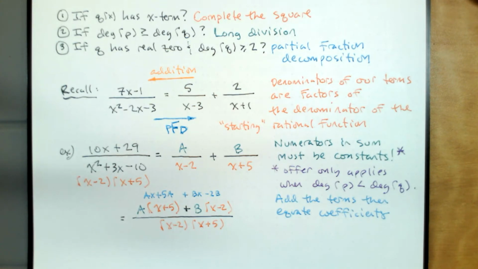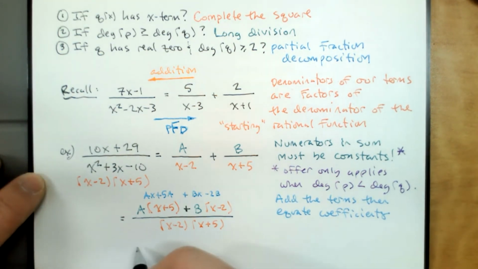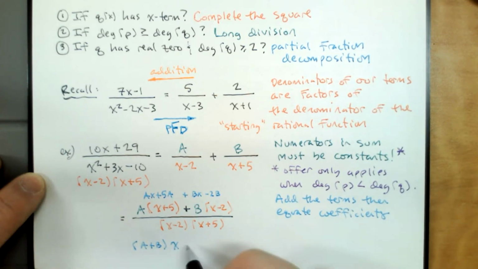So I'm going to gather my like terms. Ax plus Bx is A plus B times x. And the constants are 5A minus 2B.